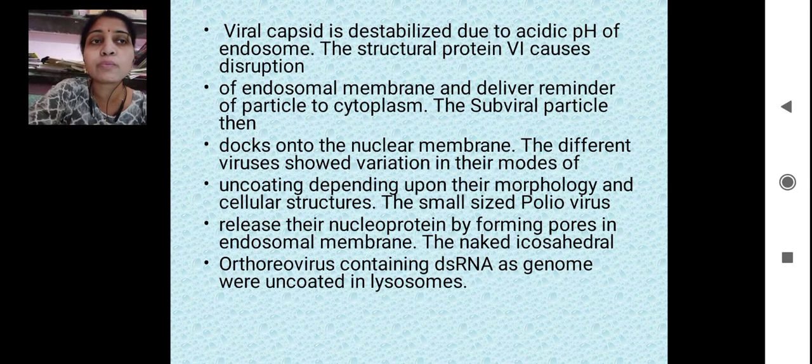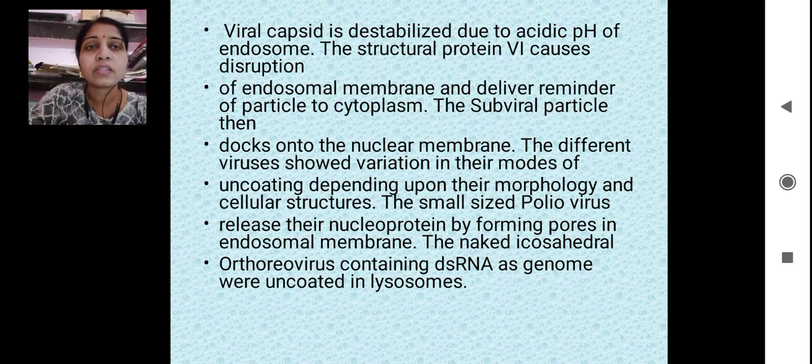The structural protein V causes disruption of the endosomal membrane and delivers the remainder of the particle, that is the nucleocapsid, within the cytoplasm. Then this subviral particle docks onto the nuclear membrane. Different viruses show variation in their modes of uncoating depending upon their morphology and cellular structure.